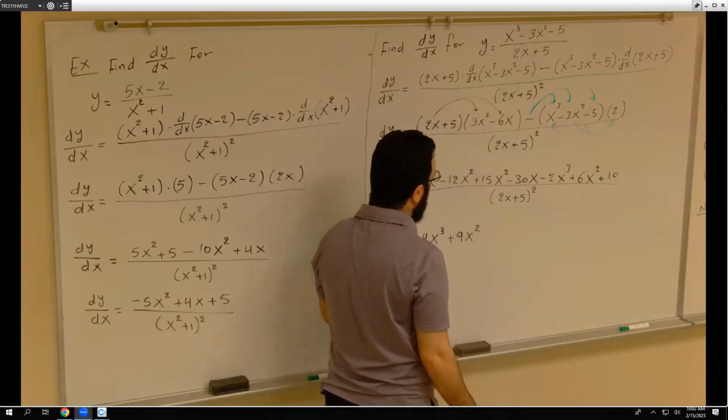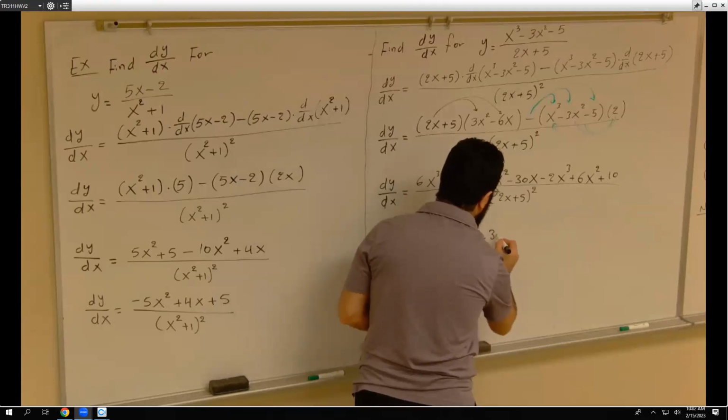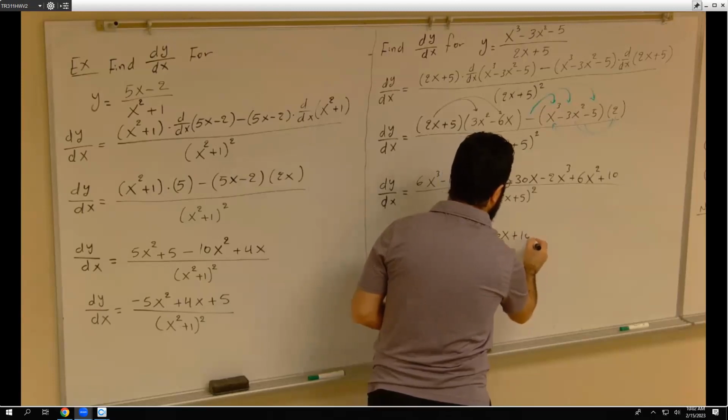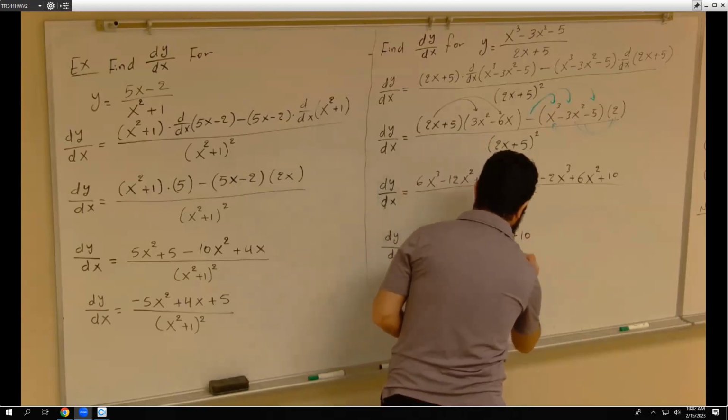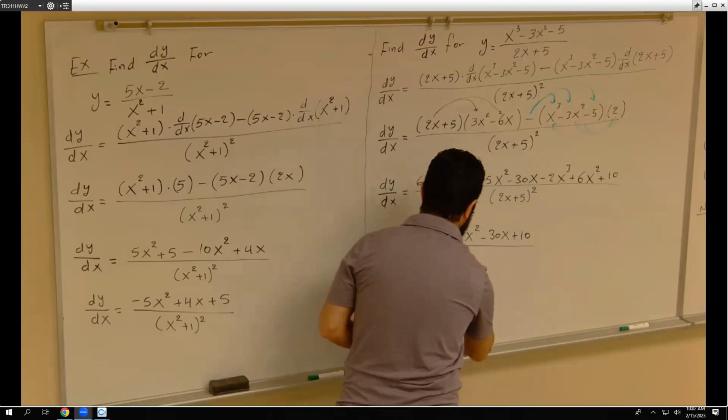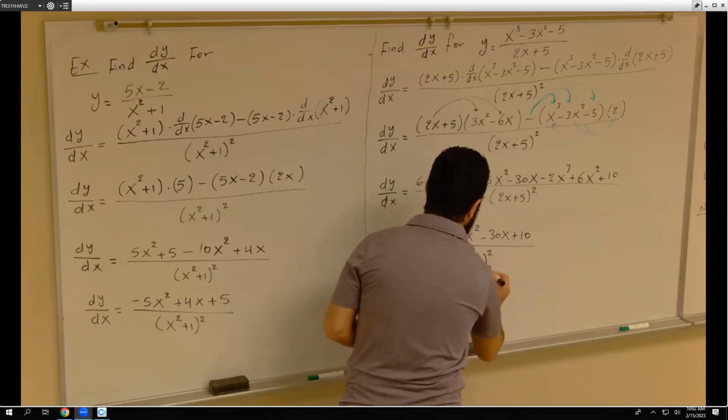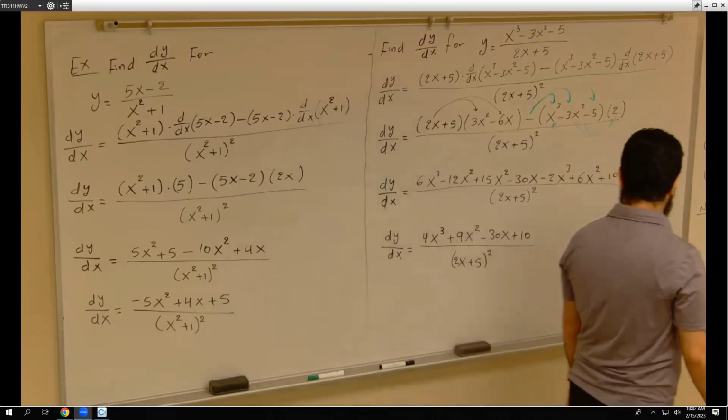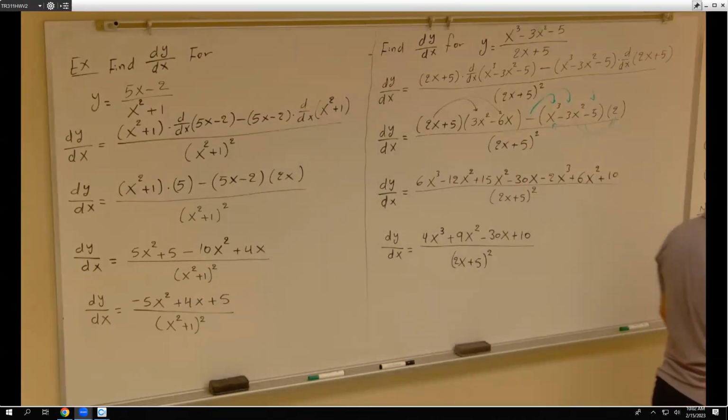What's left? Negative 30x by itself and 10. Everything is divided by 2x plus 5 squared. That's it. We can't simplify it anymore. So this is the derivative for our function.